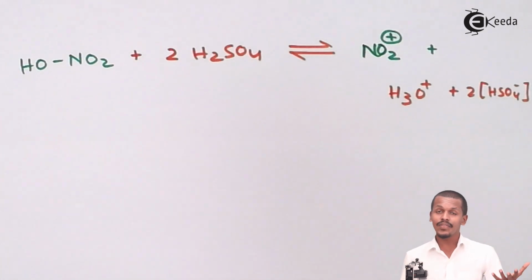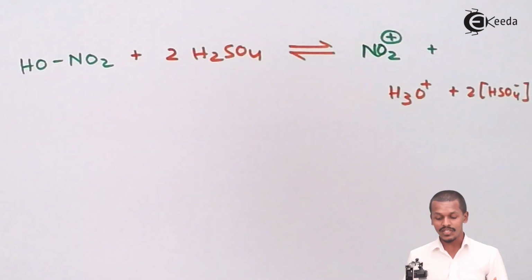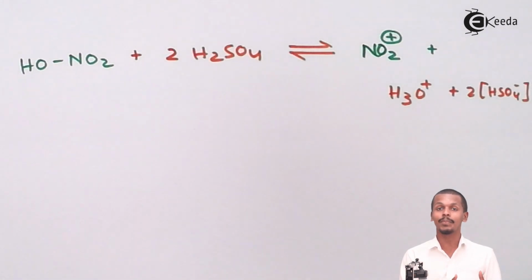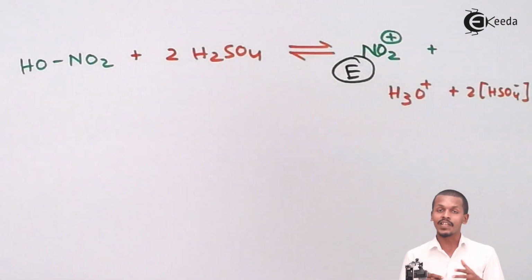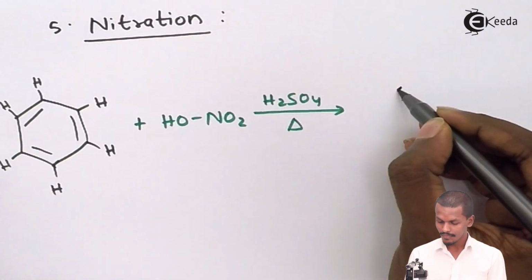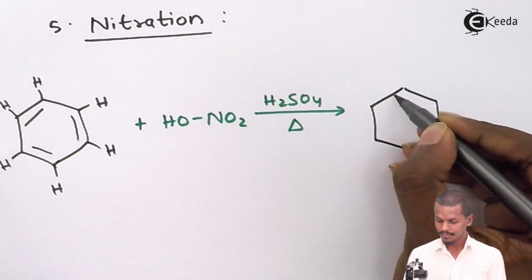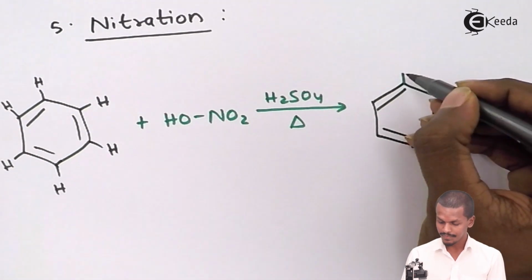Now the one which acts as an electrophile is NO2 plus, and sulfuric acid plays a very vital role in the formation of this electrophile. So NO2 plus is the electrophile that is essential to replace the hydrogen atom, and that is the reason the hydrogen atom is replaced by the NO2 group.